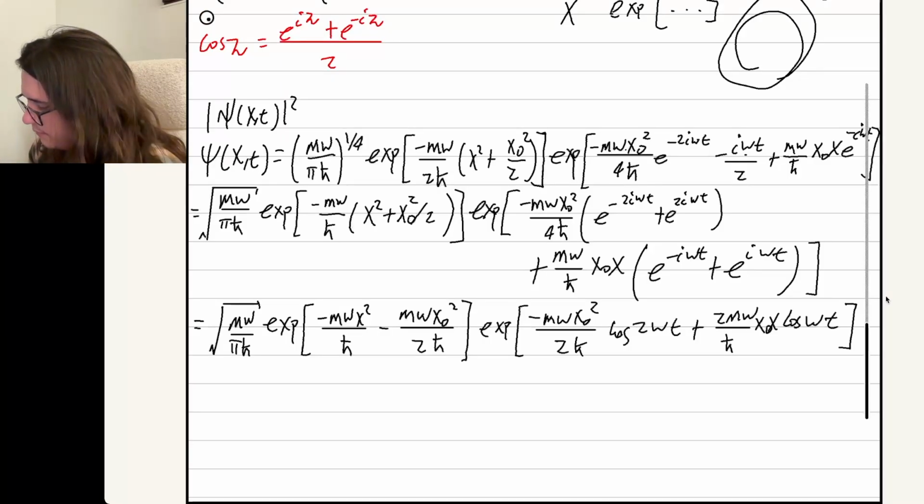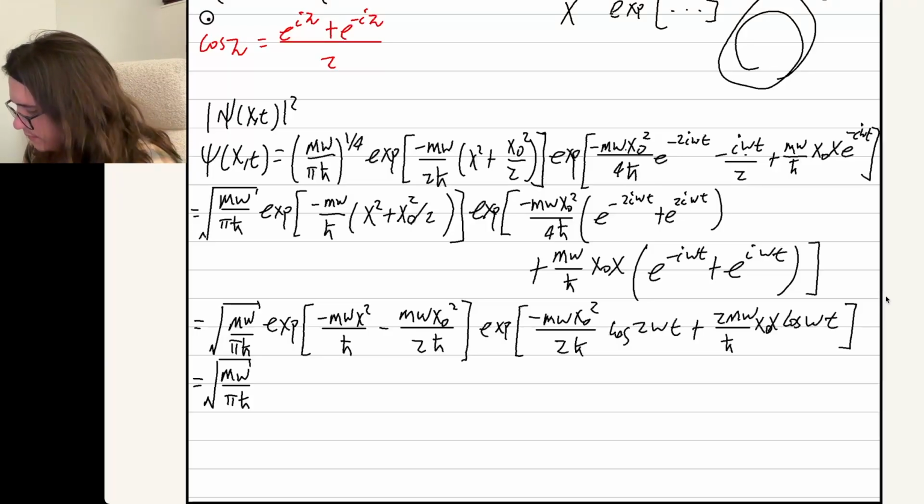Now let's put everything in one exponent, and I'm going to factor out everything that is just m omega over h bar.